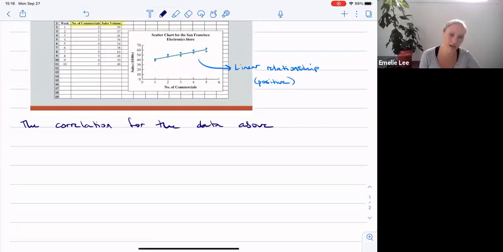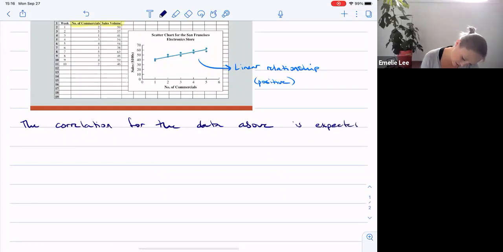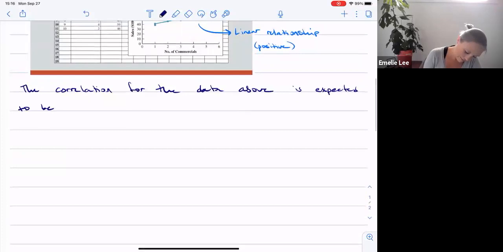So the correlation for the data above, just to tie it back into some of the old stuff that we were talking about in chapter 2, the correlation for the data above is expected to be positive and quite strong.